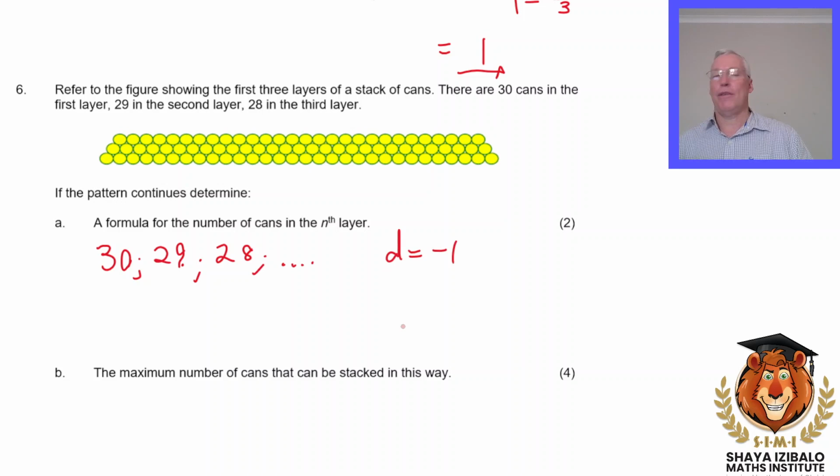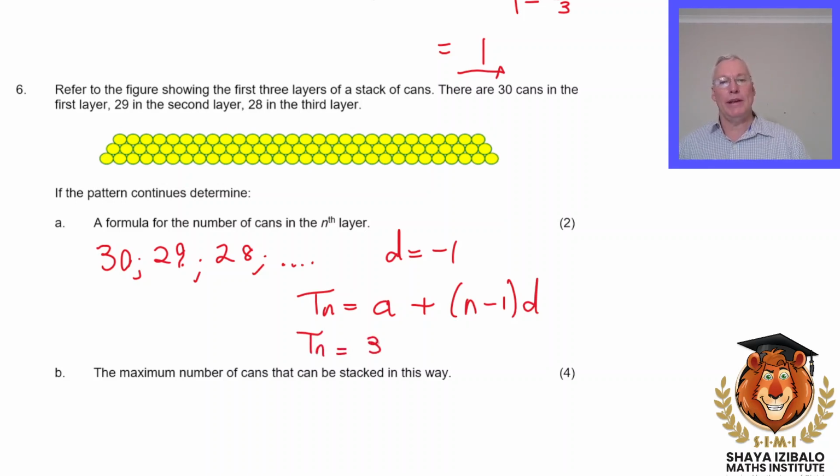If our common difference is -1 and our first term is 30, remember the formula Tn is A plus n minus 1 lots of D. So the number of tins in the nth row will just be 30 plus n minus 1 lots of -1. That simplifies quite nicely because we get a -n and a +1.